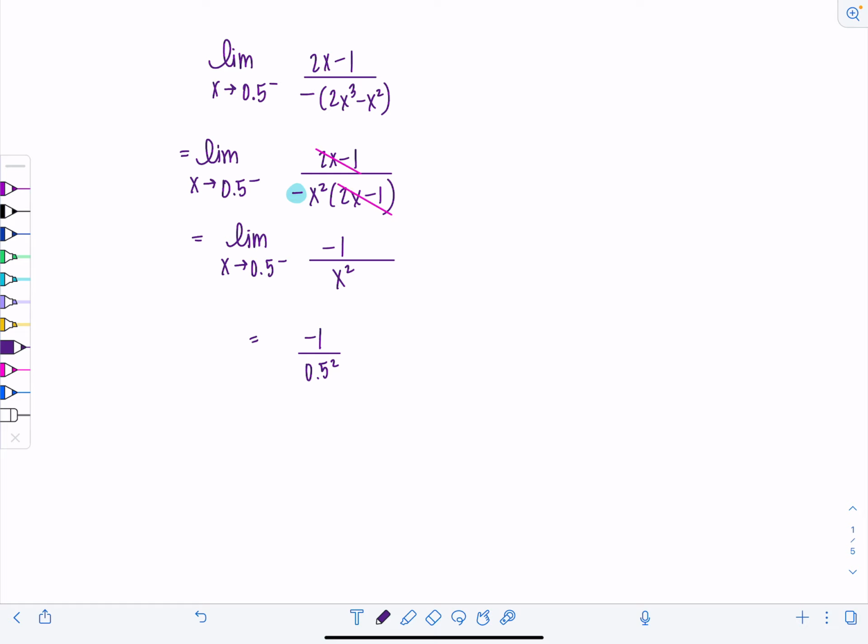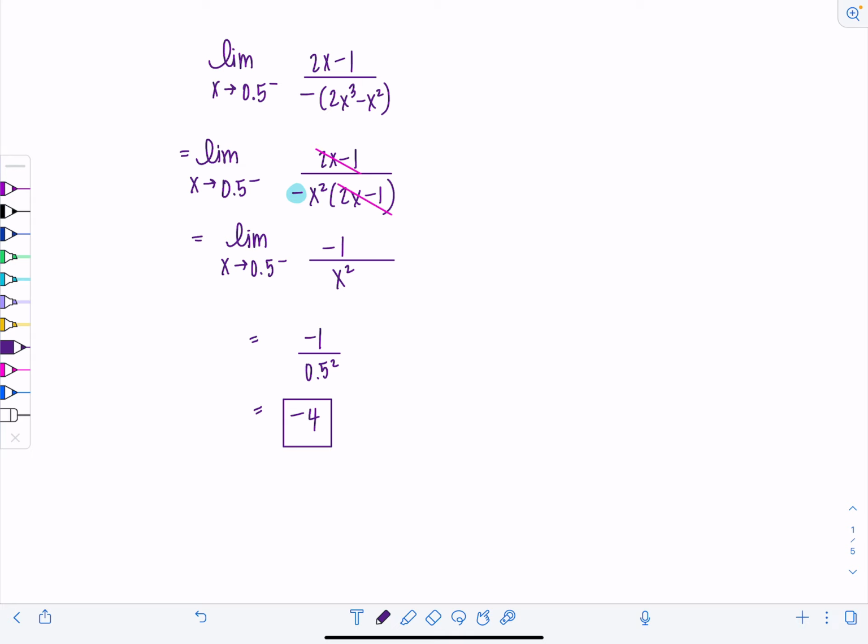So this is -1 over 0.25. 0.25 is 1/4, right? 4 quarters make $1. So 1 over 1/4 is 4. And then don't forget the negative: -4. Yes, good job. It's definitely appropriate to use a calculator sometimes, but other times it's inappropriate. We can do these things in our mind.